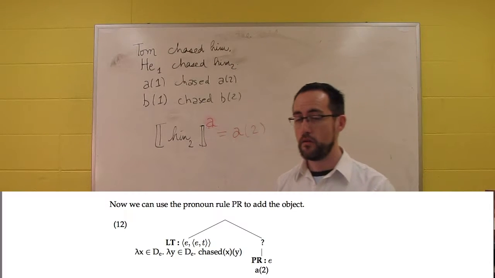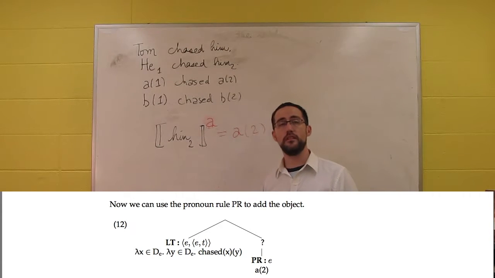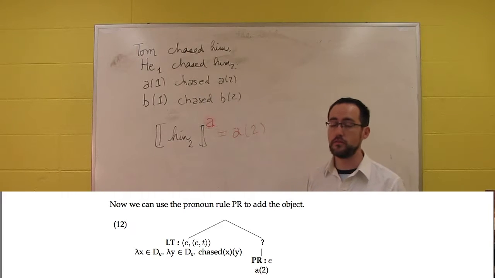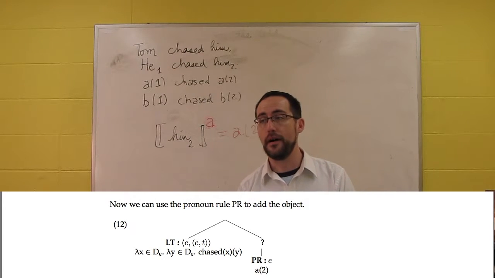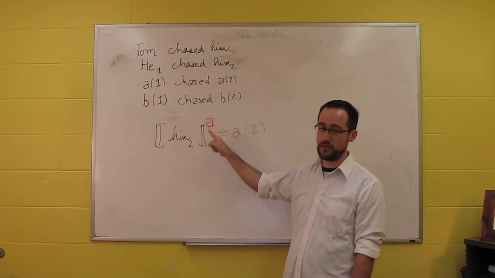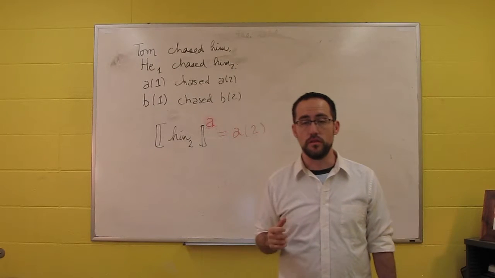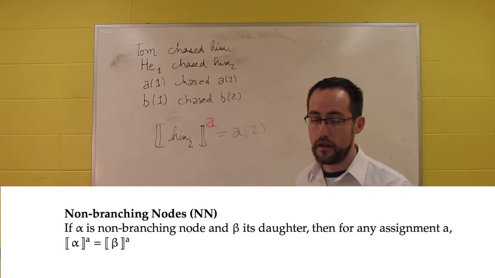Well, we've got the D node, this is the determiner, and we need to understand its DP. Well, we've used the non-branching nodes rule. But the non-branching nodes rule needs to account for the assignment. So we have to tweak it. We can do that pretty easily, and we see that here.